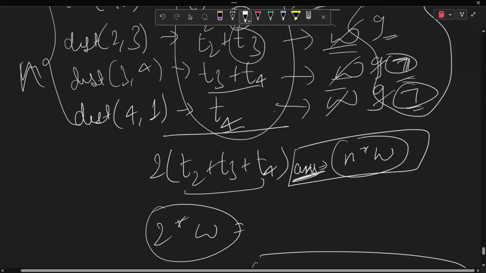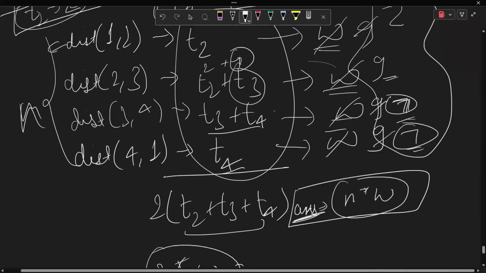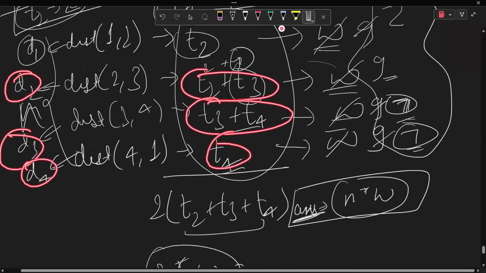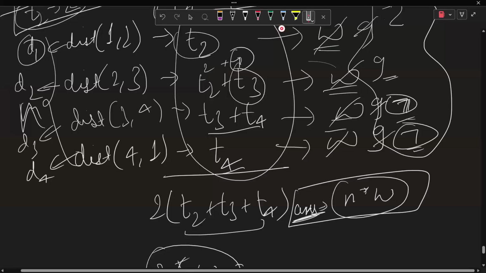So basically I am saying that this thing is d1, this thing is d2, this thing is d3, this thing is d4. Okay, so this d1 is t2, this d2 is t2 plus t3, this d3 is t3 plus t4, this d4 is t4. So every d is a combination of some t, a sum of edges.